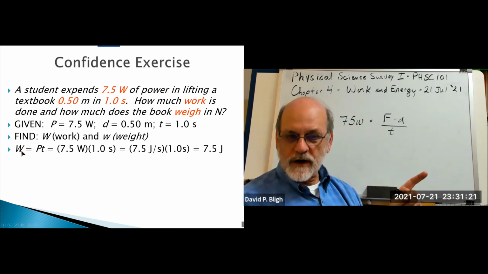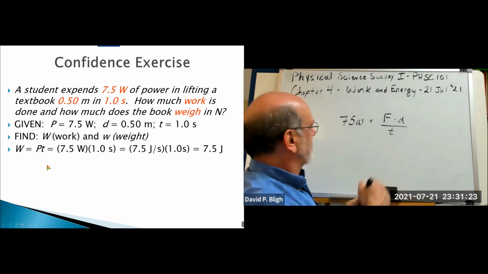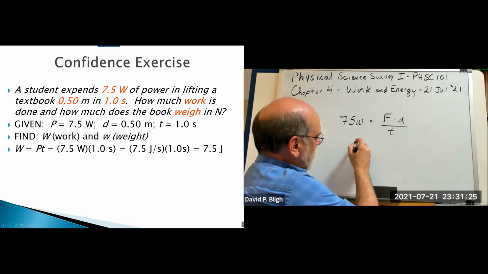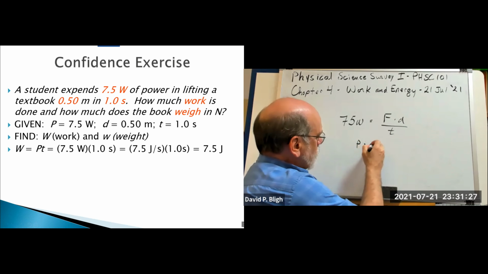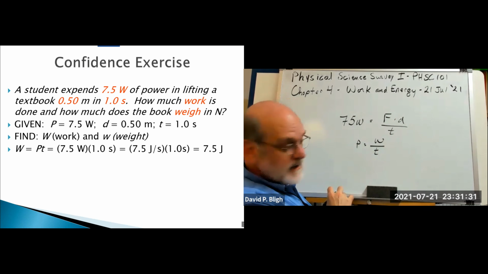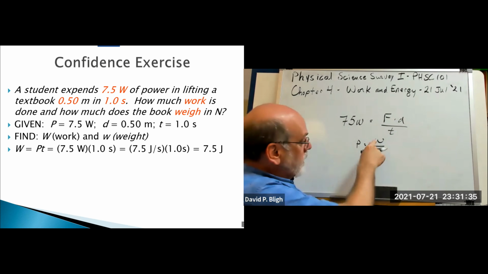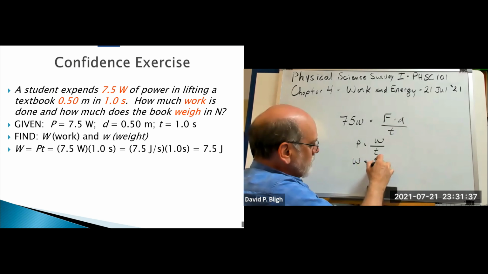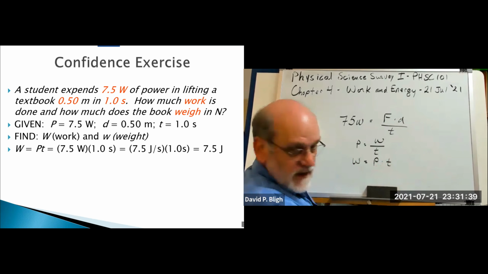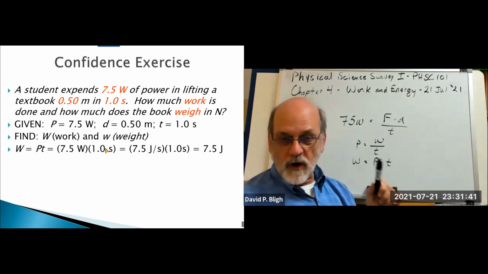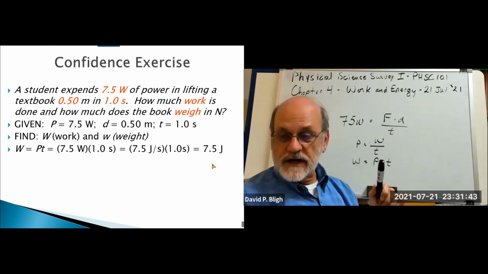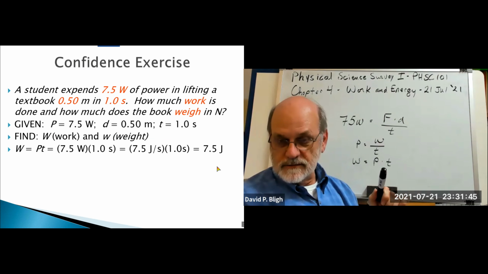If power equals work divided by time, then we can solve for work, because that's what we want to know. So it's power times time. Power is 7.5 watts times 1 second. The work done is 7.5 joules.